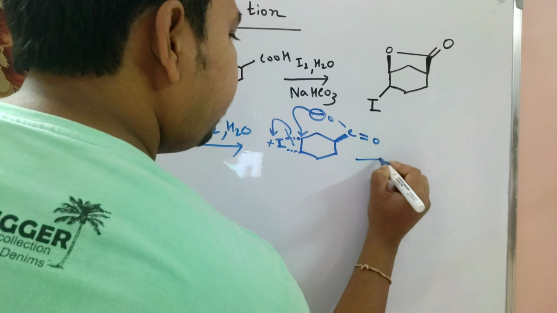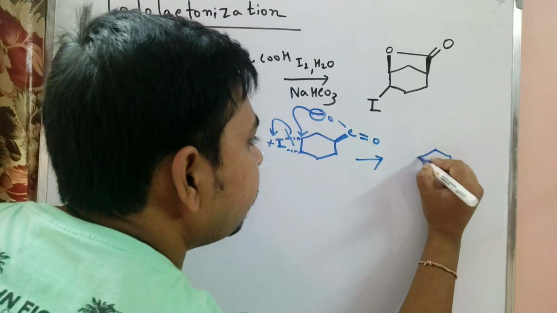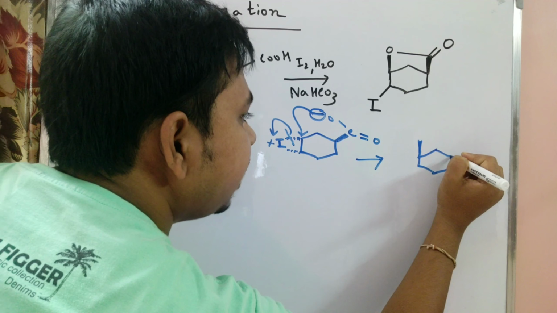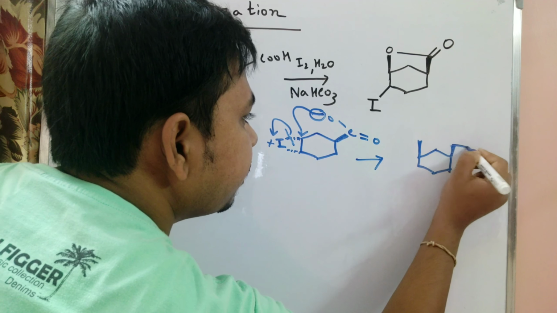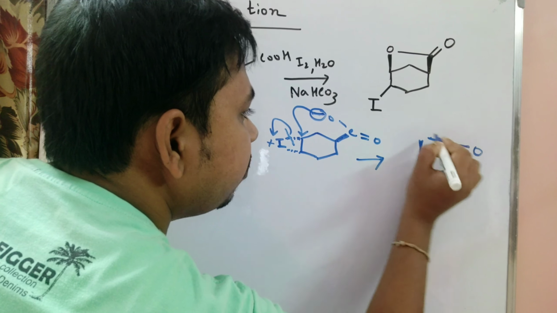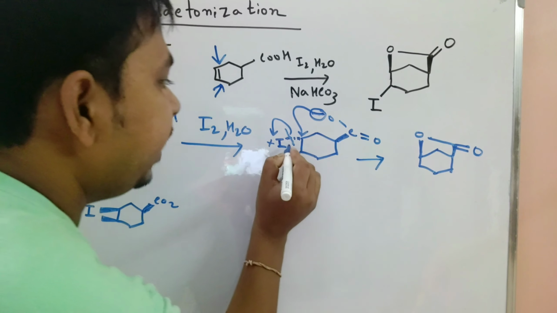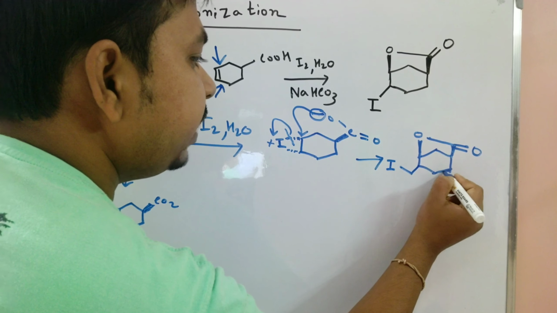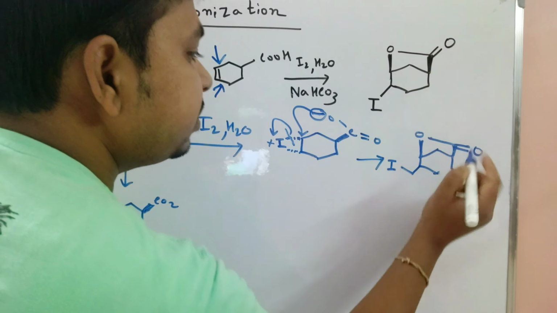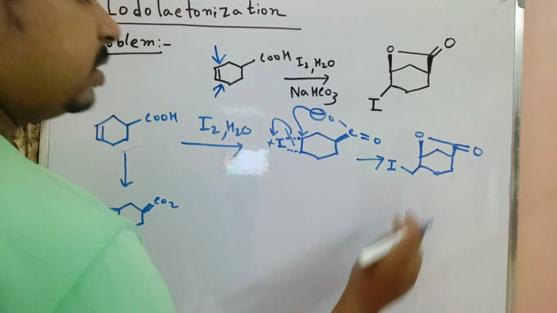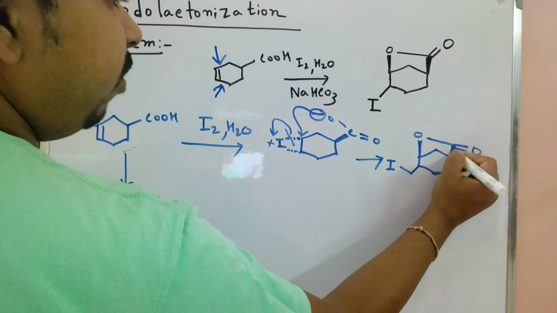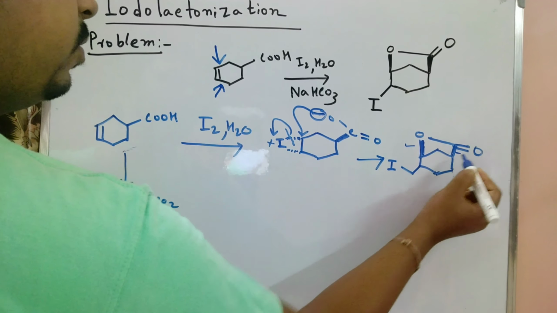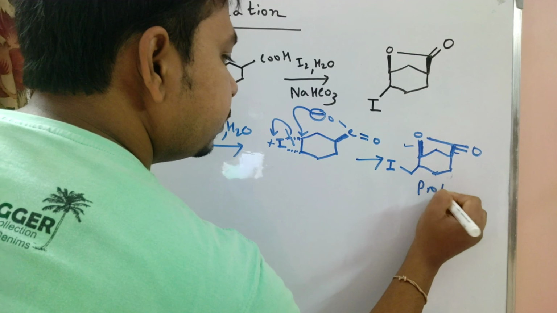So in the formation of the product, when we draw the structure, this bond is up because at the starting point this bond is upside. So here the O is present, and when this bond breaks, the I is present here. So we can easily discuss the stereochemistry of the product. This one is the iodolactonization product, this bond is up and this bond is up, these two bonds are bold. So this one is our product.